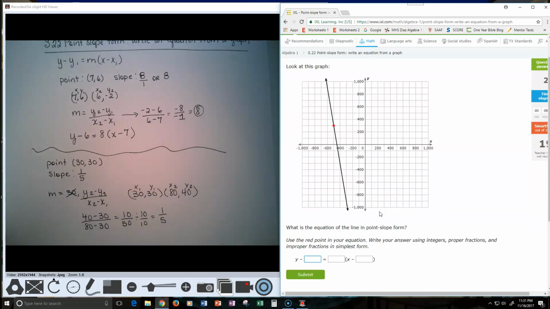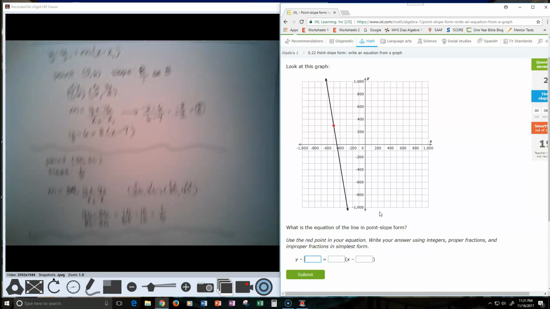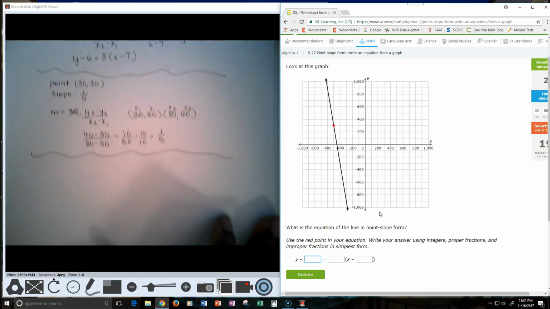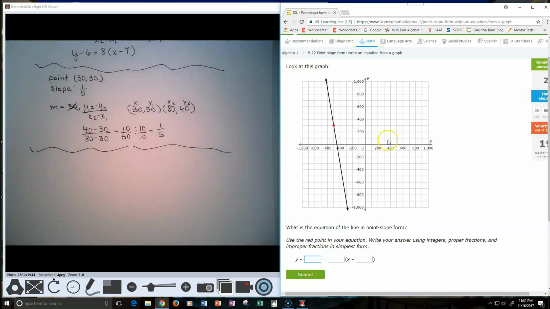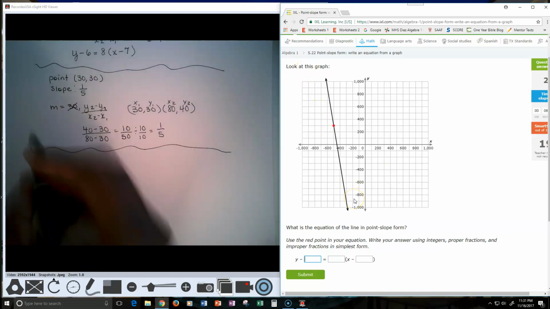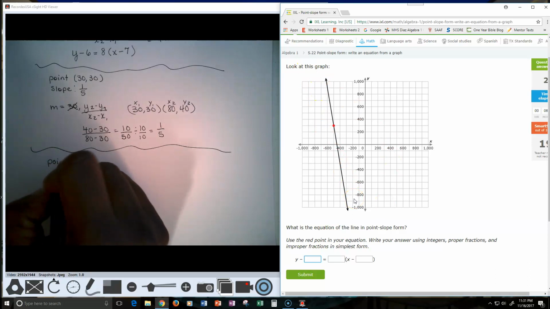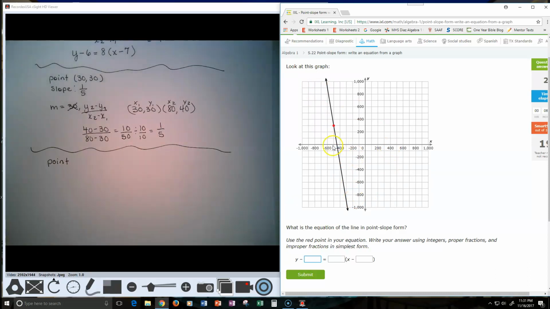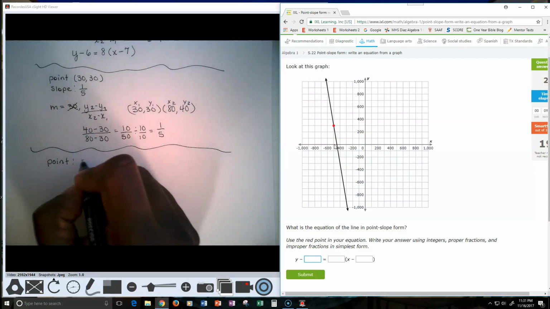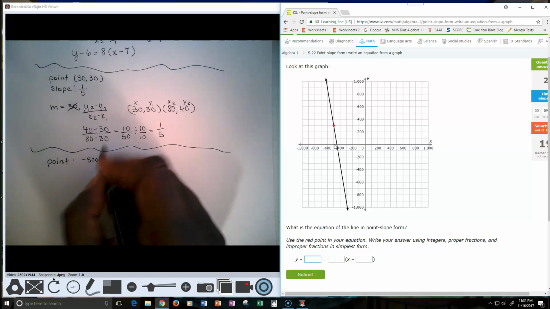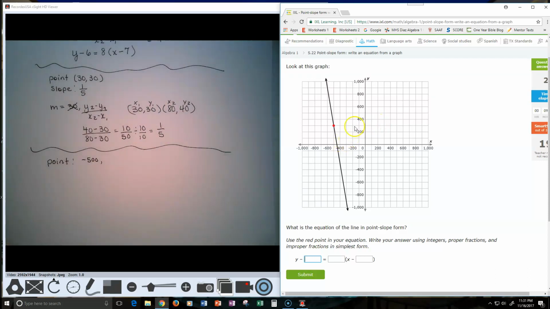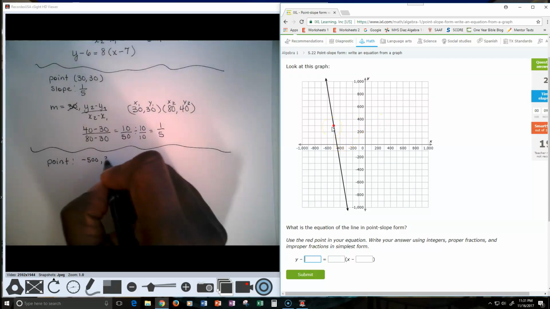Okay, we have another. This time, looks like we have a negative slope because our line is falling from left to right. We know our point is, okay, so it's going by 100, so that's negative 500, and this is 300.